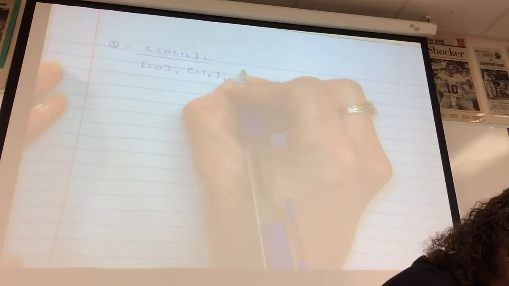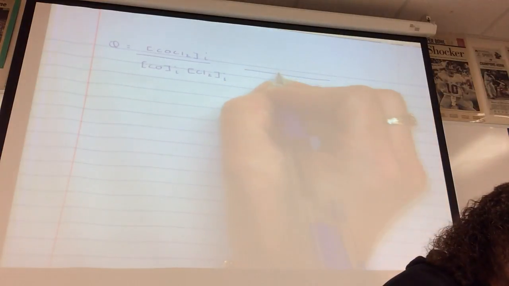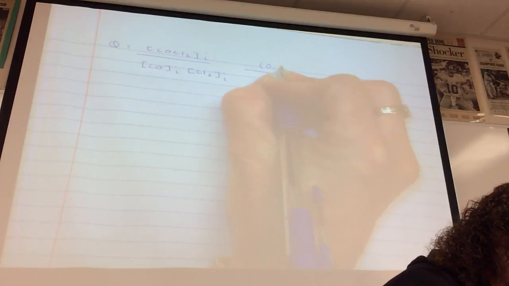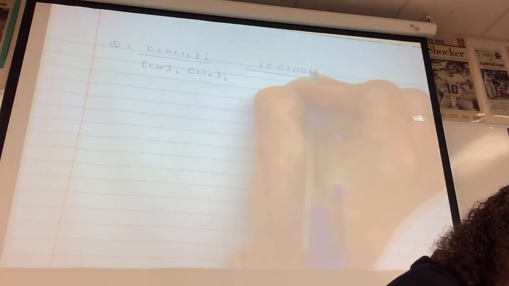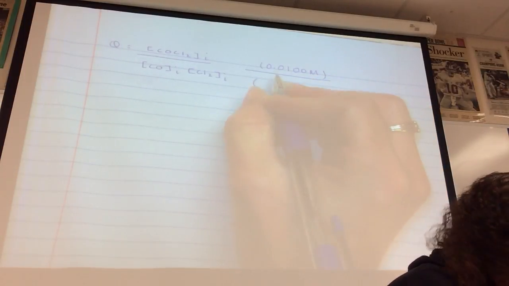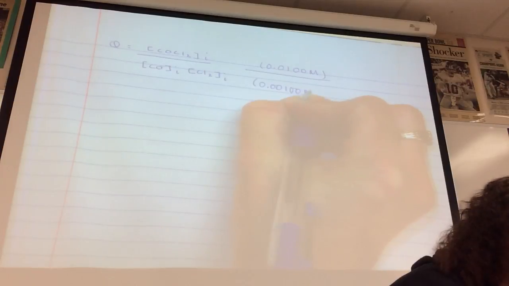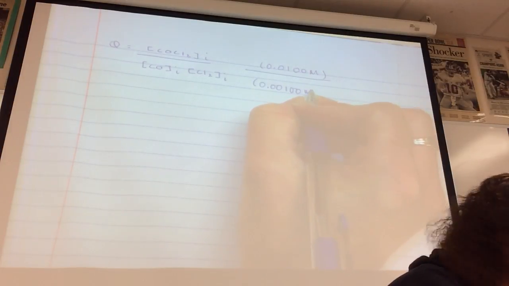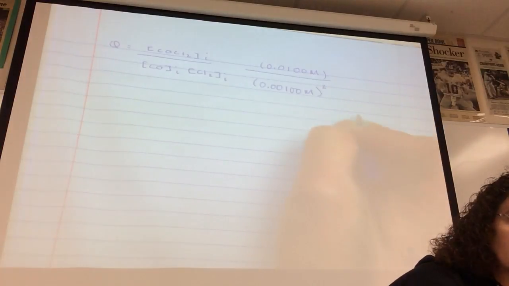They give it to you in molarity, making life easy, because the delta N of the gas is not 0 here. I have 0.01, over 0.00100, and that's squared because it's the same for both, correct?